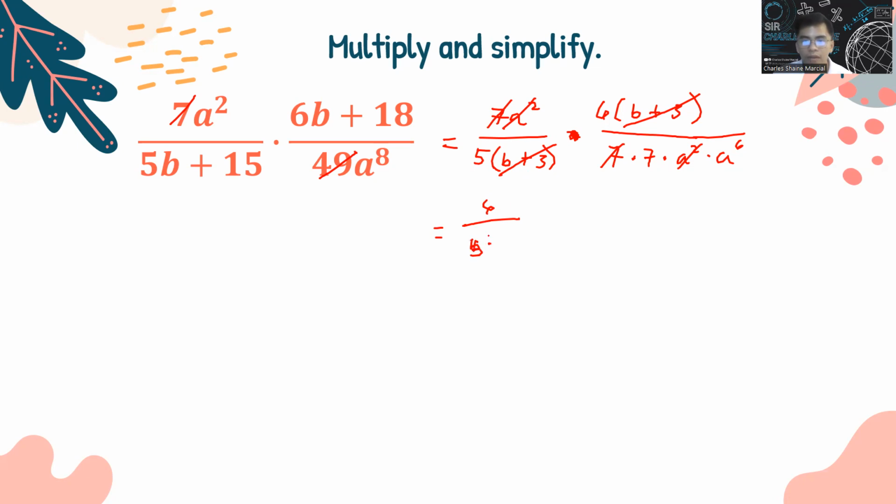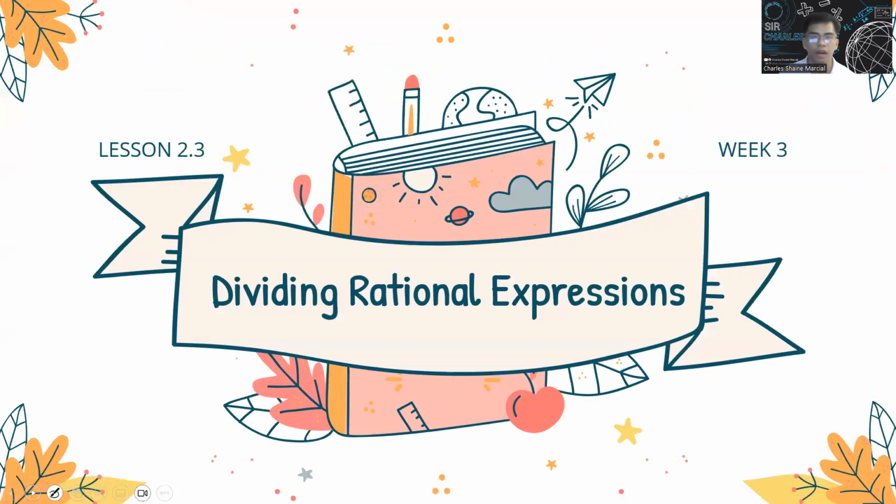We have 5 times 7 times a raised to 6. 5 times 7 is equal to 35. And the final answer is 6 over 35a raised to 6. Okay? Ganun lang po kung paano mag-multiply ng rational expression.